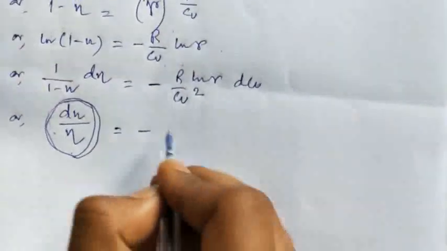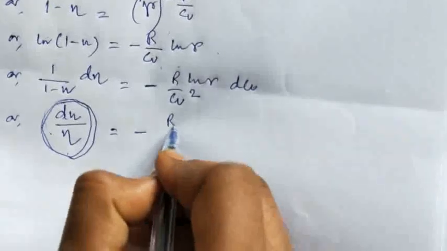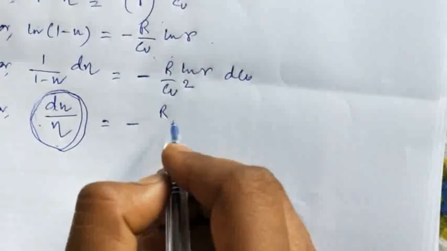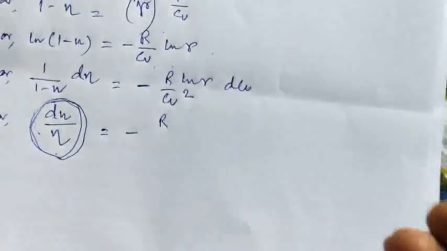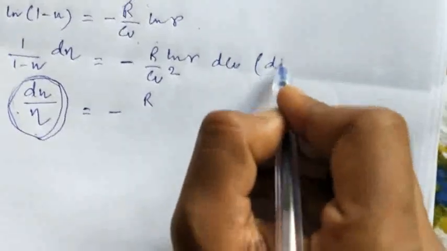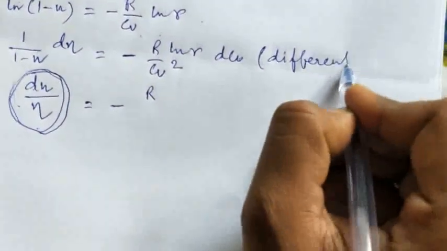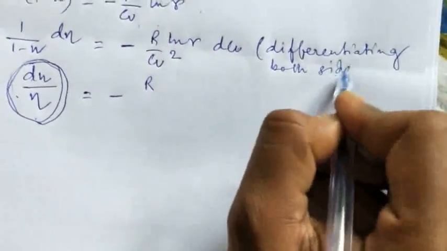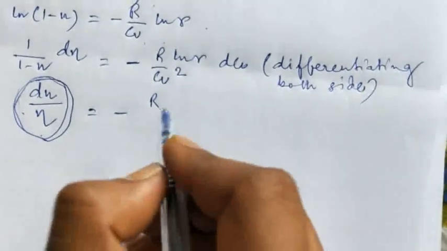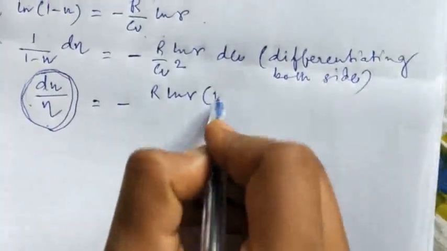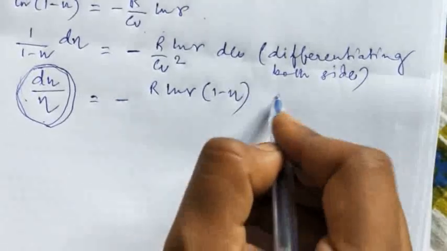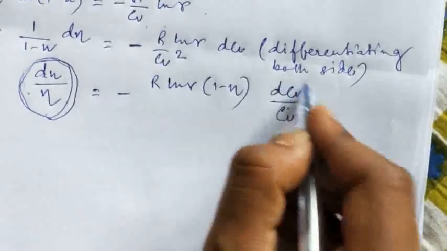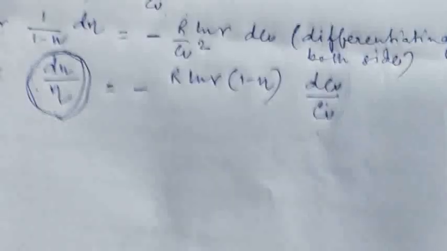So differentiating both sides, this will become in this fashion: 1 minus efficiency, d of Cv by Cv. This is our change in specific heat at constant volume.